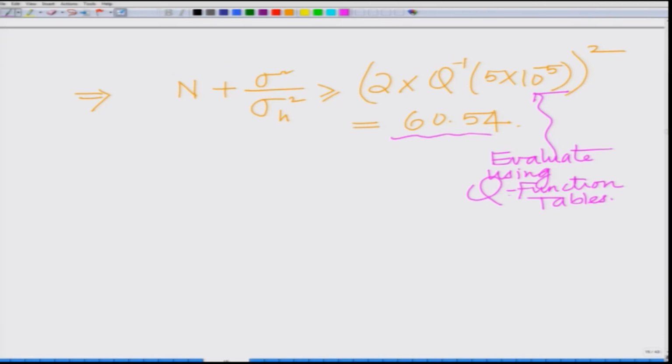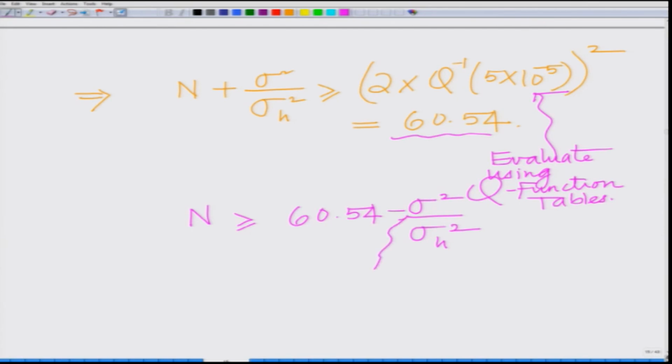And therefore, what you have is n must be greater than or equal to 60.54 minus sigma square divided by sigma h square.